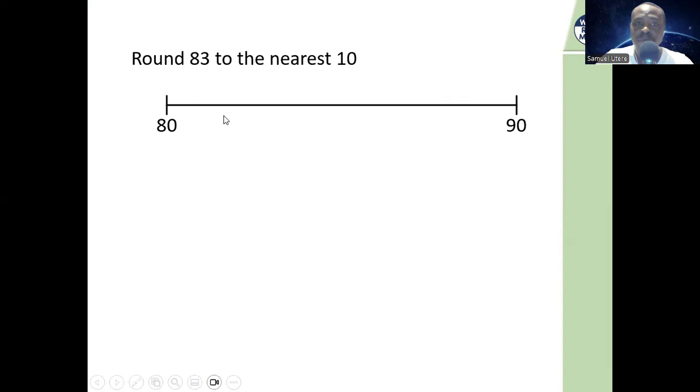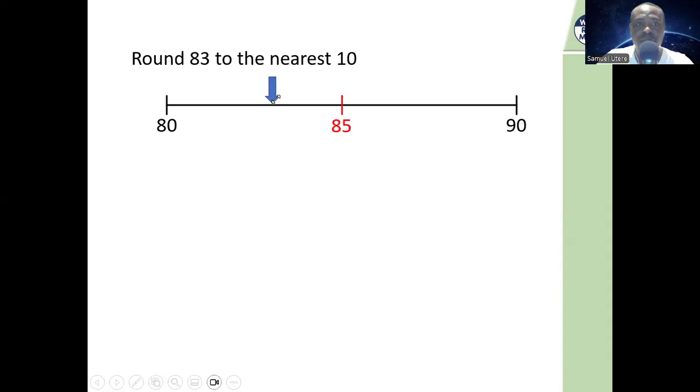We write the number less than 83 to the nearest 10, which is 80. And then we write the number greater than 83 to the nearest 10, which is 90. Now, if we want to place 83 on the number line, we have to write halfway between 80 and 90, which is 85. Now, 83 will clearly be somewhere there.